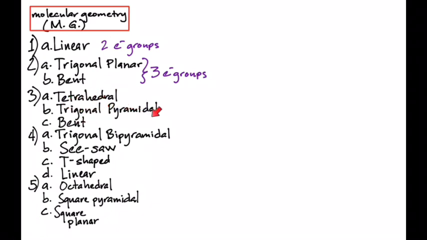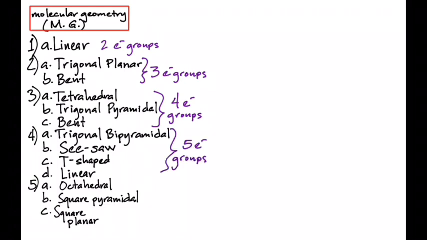And the number of electron groups here would be 4. And the fourth type here is if you have a trigonal bipyramidal electron geometry, then the molecular geometry could either be trigonal bipyramidal, seesaw, T-shaped, or linear. And the number of electron groups here would be 5.